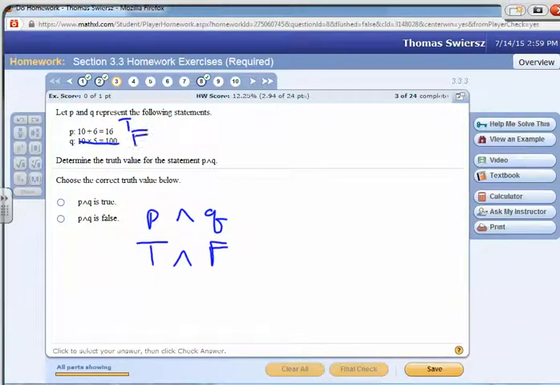So now we're doing P and Q, true and false. From what we just learned, the only time an and statement is true is when both are true. So true and false, if one of them is false, the entire and statement is false. So this statement would definitely be false.